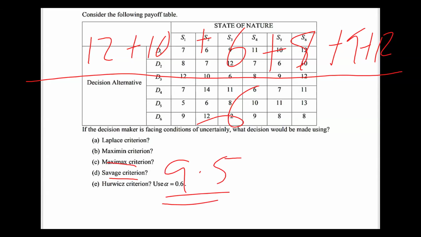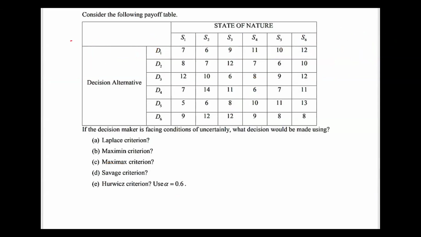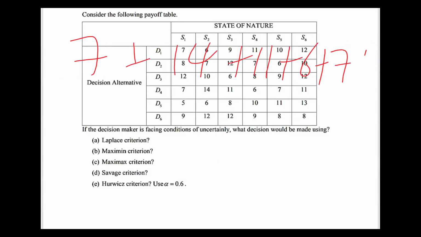Let's go to the fourth decision. You'll have 7 plus 14 plus 11 plus 6 plus 7 and plus 11 to be divided by 6.